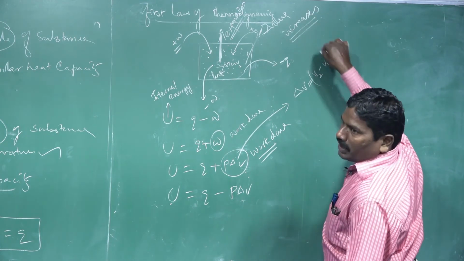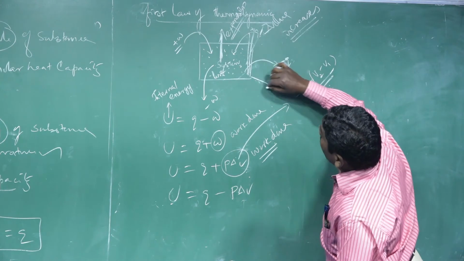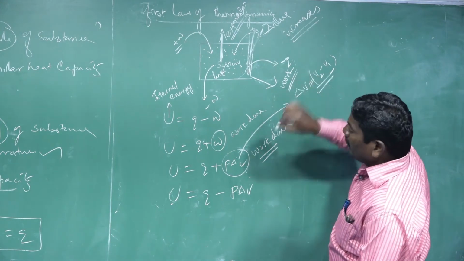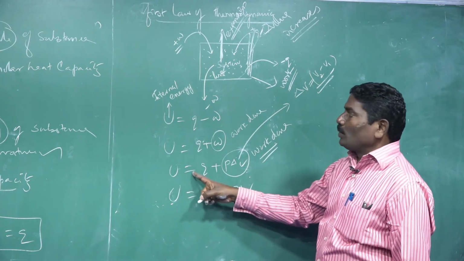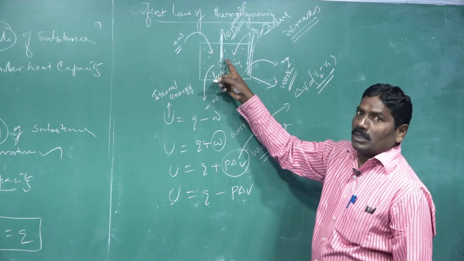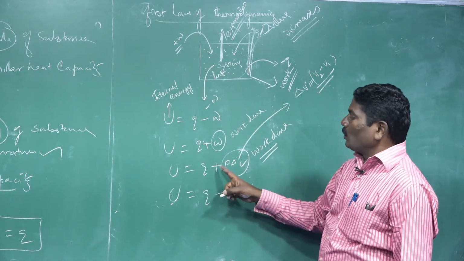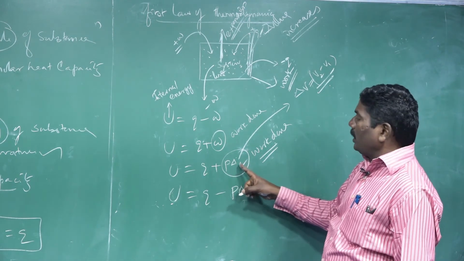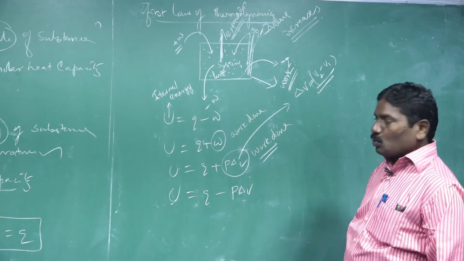On these occasions we can say that because of this expansion, the system is undergoing work. So the work done by the system is referred to as U equal to the internal energy of the system, plus P delta V. This P delta V is nothing but the work done. W is also nothing but the work done.